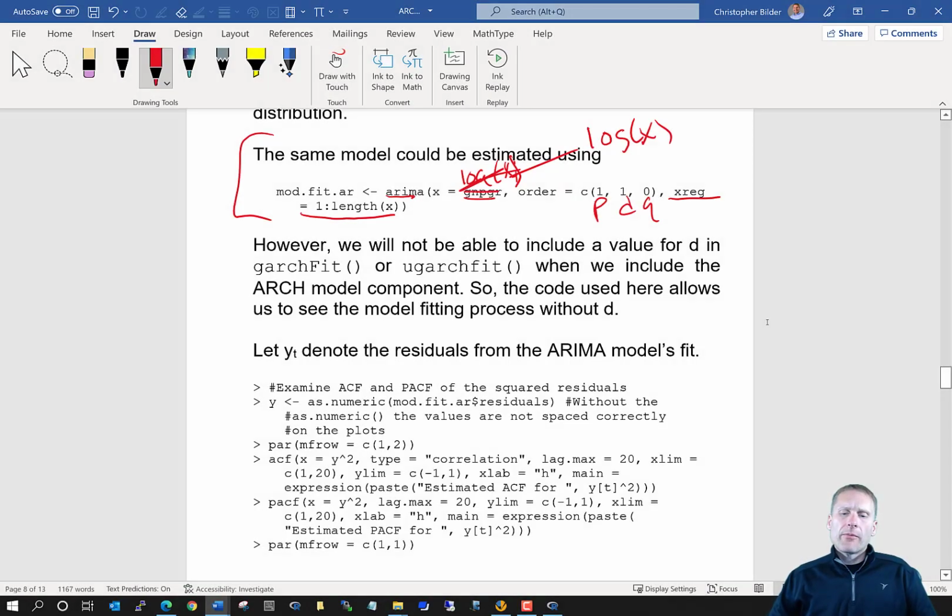Now, however, once we estimate both the ARIMA part of the model and the ARCH part of the model using one of these functions, we're going to find that we don't have a way to specify d in these particular functions.